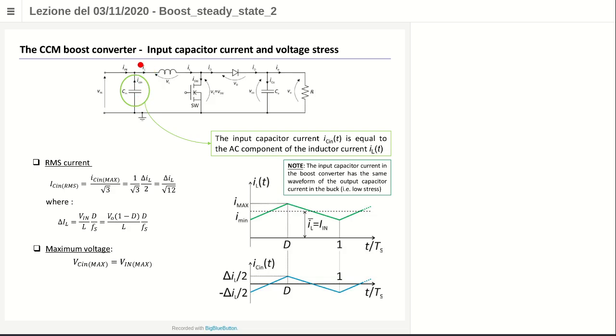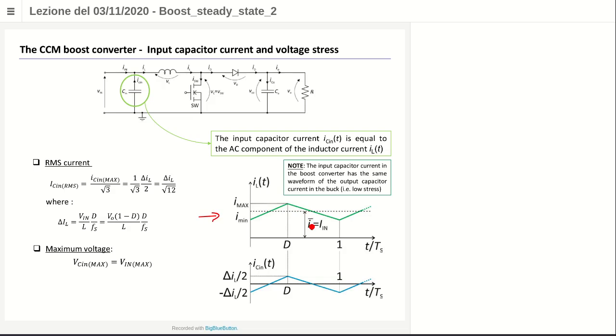So that means that this input capacitance current is simply the current through the inductance, rescaled by subtracting from it the average value of the inductor current. This is the inductor current IL with its average value, which is the input DC current.